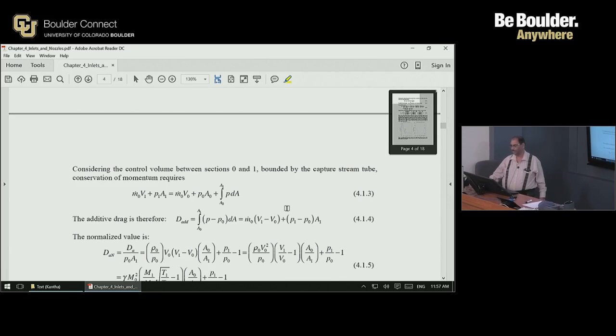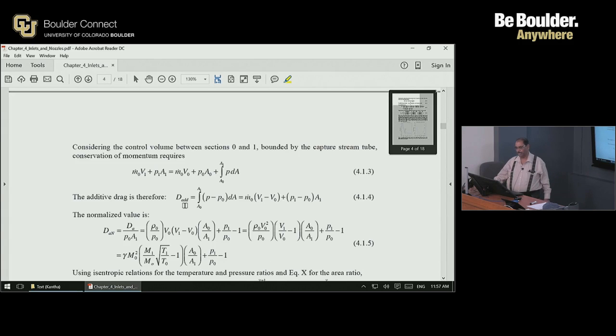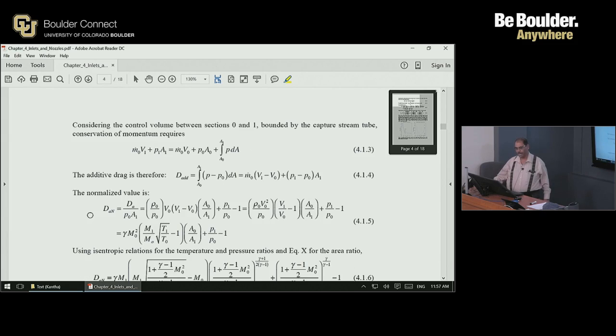If you take the capture stream tube and use the conservation of momentum and integrate the pressure between the areas A0 and A1, that is the inlet area and the area far upstream, then you can show that the additive drag, normalized with the ambient pressure and the inlet area, looks like this.